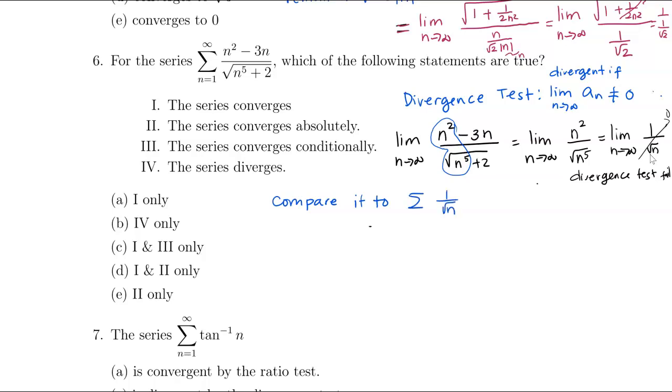That is actually a p-series, the same as 1 over n to the 1/2, with p equal to 1/2, which is less than 1. So that means divergent.